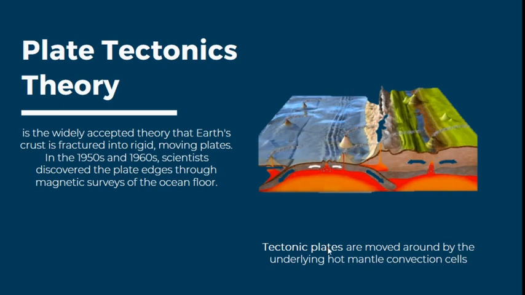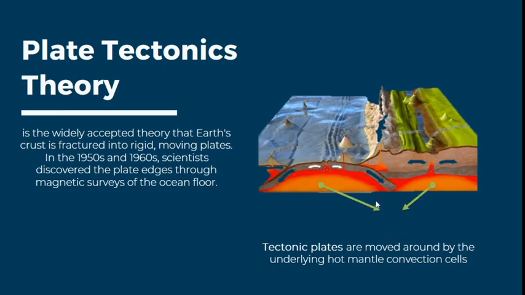Now, how do tectonic plates move? Tectonic plates are moved around by the underlying hot mantle convection cells. Or, plates move because they are carried along by convection currents in the upper mantle of the planet.